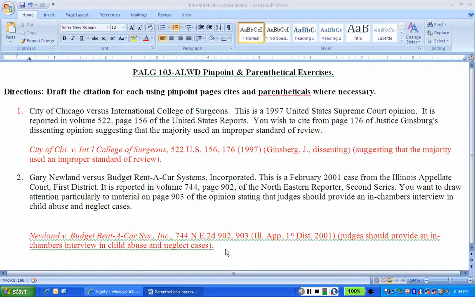In addition to this example, there is a web link that shows you how Cornell Law cites using parentheticals. And you can always refer back to this lesson for practice and look in your ALWD citation manual. You can use the index to locate the various rules that address parentheticals. And you can always email me if you have any questions.